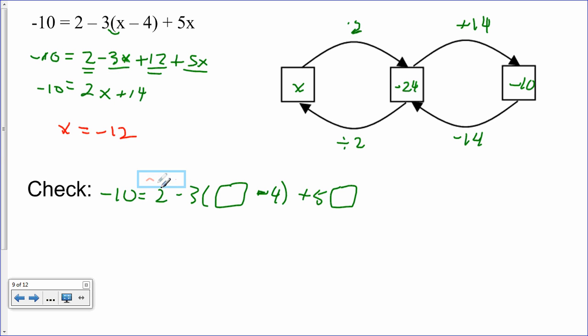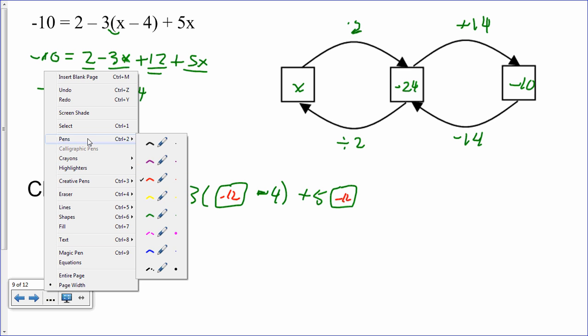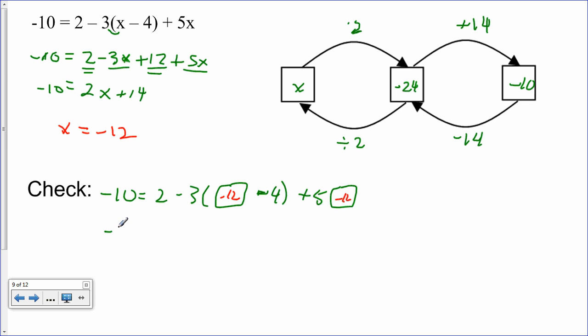And I'll stick what we think our solution is, negative 12. So does negative 10 equal 2 minus 3 times, what's negative 12 minus 4? It's negative 16. And plus 5 times negative 12, so that's plus negative 60, which is minus 60.